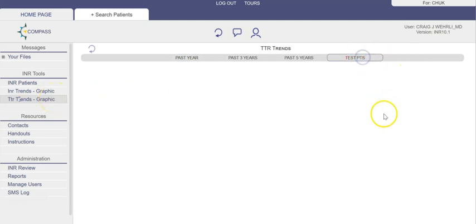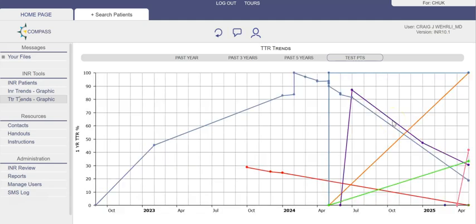We're going to look at only test patients. And you see these sporadic lines. Each of these lines represents the TTR for a single patient enrolled in the CHUK clinic. And because these lines are so sporadic, you might think that this is not much value. It probably is not. But in real practice, patients will tend to fall into two groups.